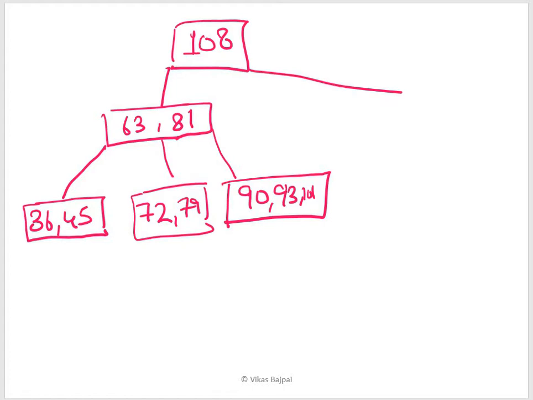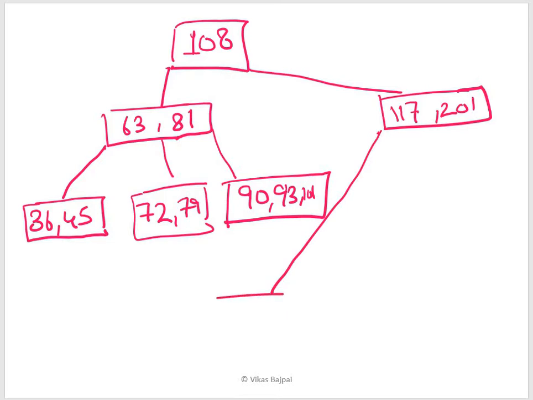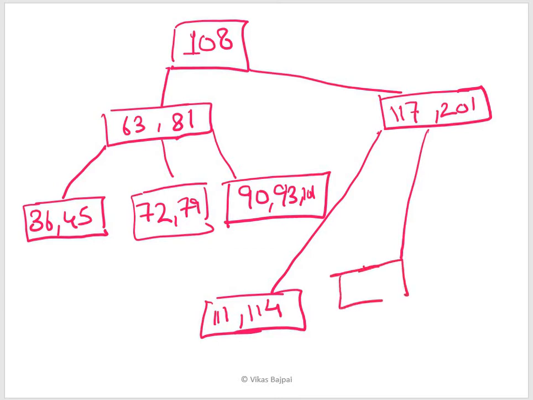Now on this side what I have is, let's say, 117, I have 201, and then let me add some more values to this. So the way I'm making it is so that it should be visually clear. 111, I have 114, and then I have, let's say, 151, I have 180, and then let me add some more values.